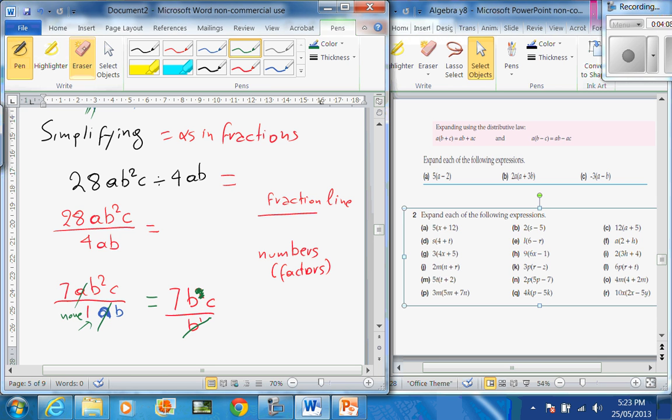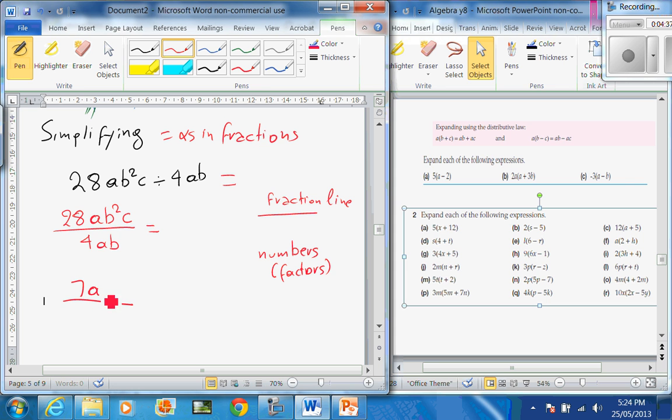Let's rewrite this now in a proper, clean way. The way I want this written for the test we're going to have soon. And what is this proper way? This is a proper way. Equals fraction line 7. I don't write the 4, because it's like 1 and 1 is none.